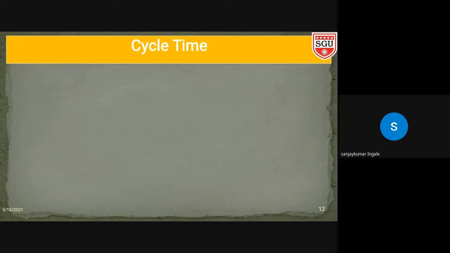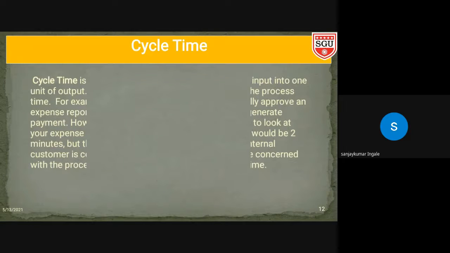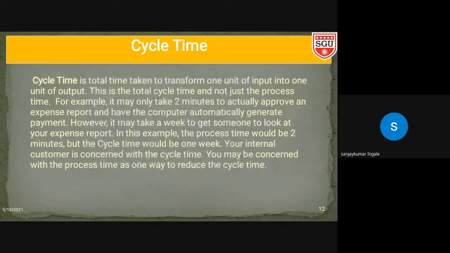Cycle time. It is the total time taken to transform one unit of input into one unit of output. This is the total time, not just the process time.